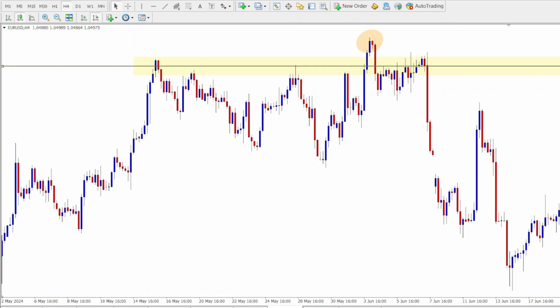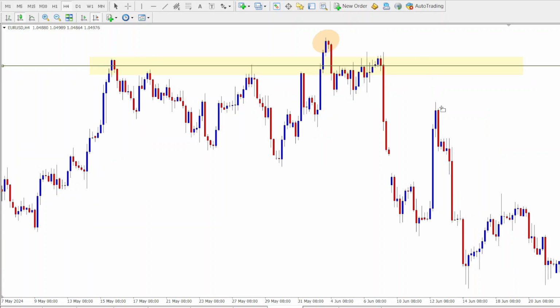So where does liquidity build up? There are three main areas. Swing highs and swing lows are one of them.